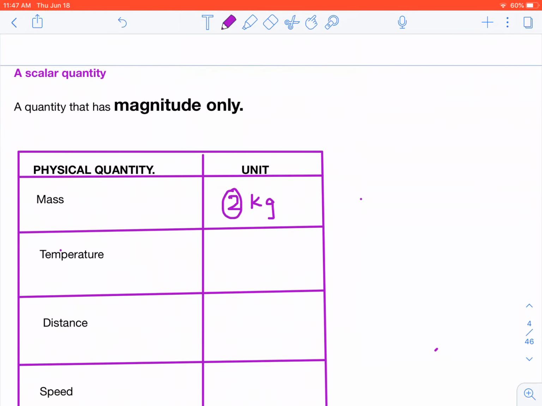Temperature we know is degrees Celsius, or it could be Kelvin. In these cases, we are not worried about the direction.